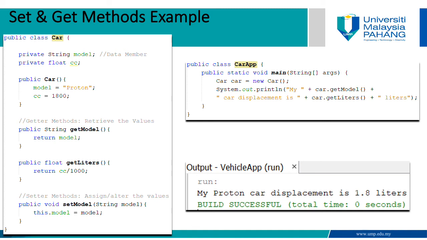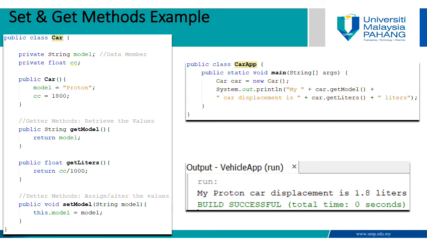Moving on to the right box, which is another class, class CarApps. In this class CarApps, we are trying to print out an output by getting the model and then getting the liters, which is the CC of the car, from the public class Car.